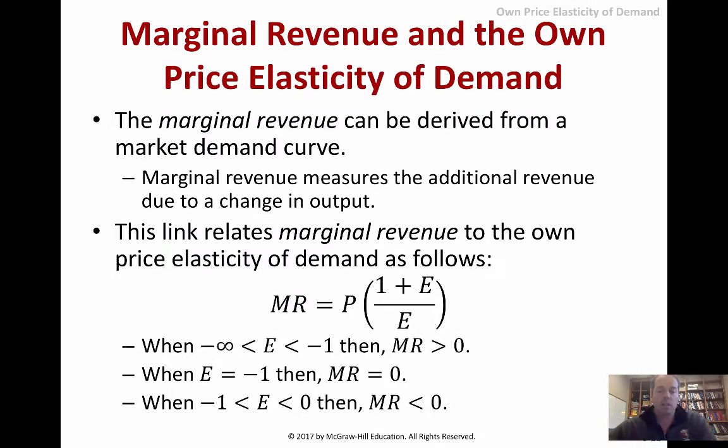Here's a formula, and again, we don't derive it, at least on this slide here. The book gives some more details, but this has to do with this idea of marginal or extra revenue, and we can find that quickly from two things: the price that we're considering and the elasticity at that price.